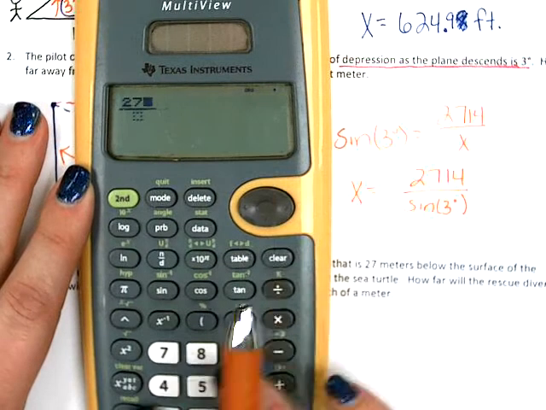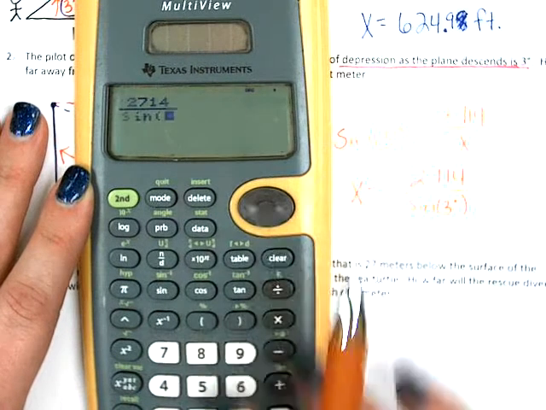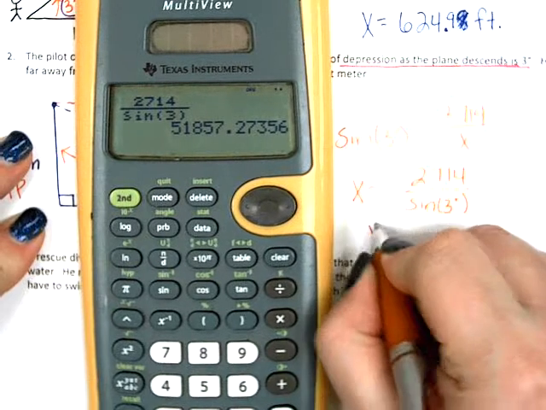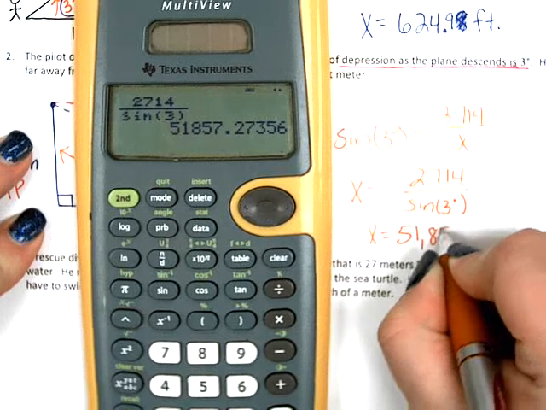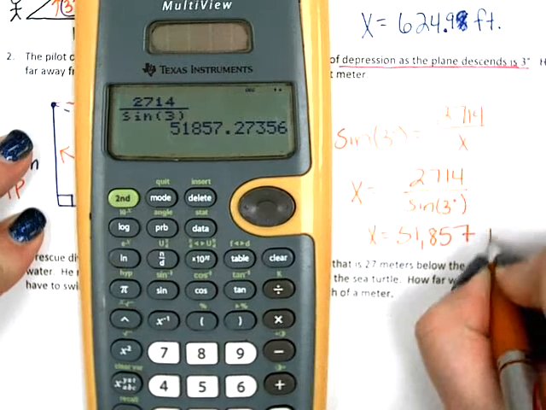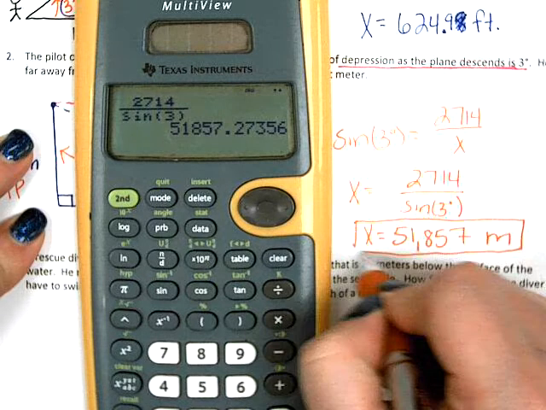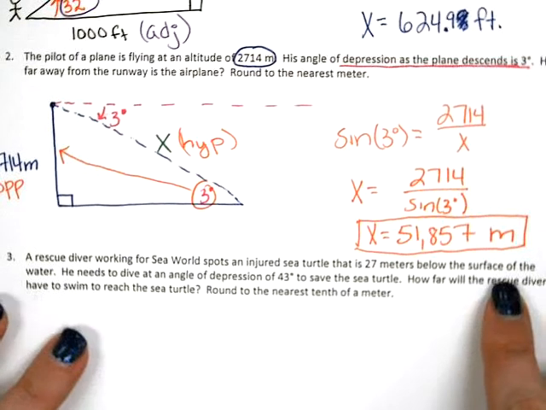So 2714 over the sine of 3 and I get x equals 51,857, and we're talking about meters in this case, which means that the airplane is 51,857 meters away from the runway.